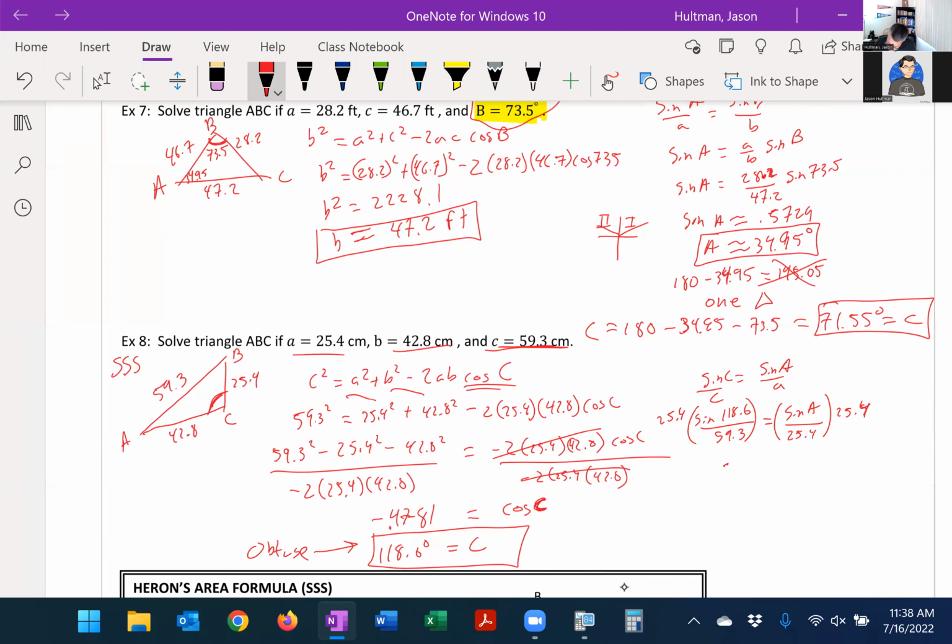And we get the sine of A would be approximately what?